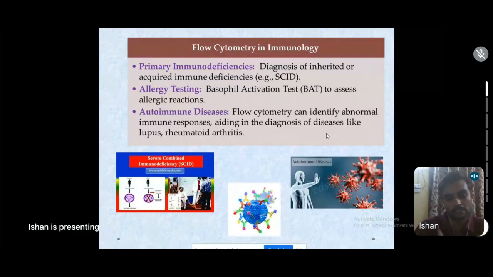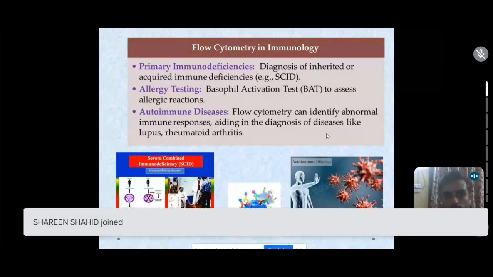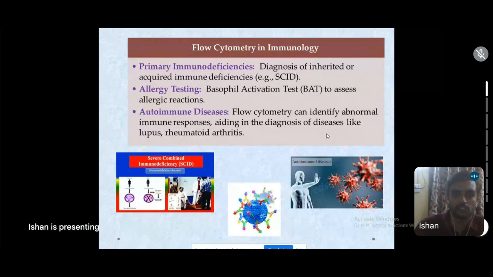To analyze whether our immune system is hyperactive, performing well, or not performing well, we can assess by flow cytometry. Now, the primary immunodeficiencies: diagnosis of inherited or acquired immunodeficiency, like severe combined immunodeficiency, which is SCID, and on the leftmost corner, the diagram is also presenting SCID. So this diagnosis can also be done by flow cytometry.